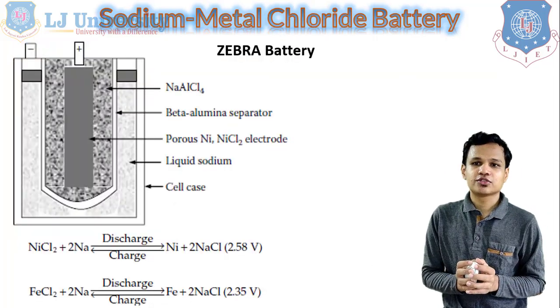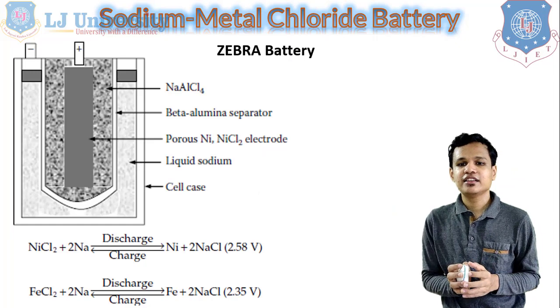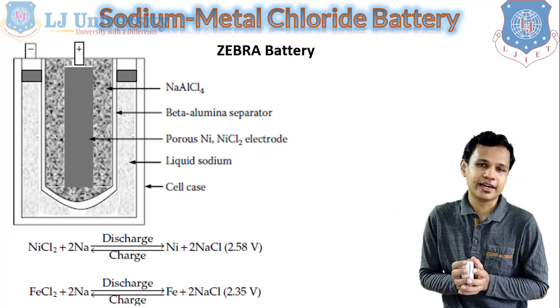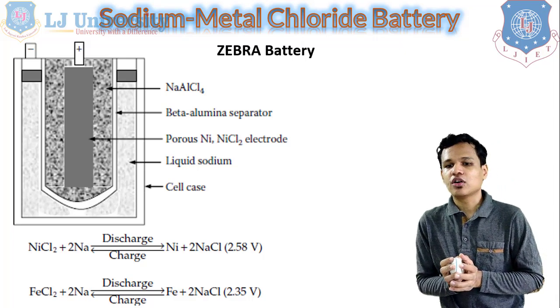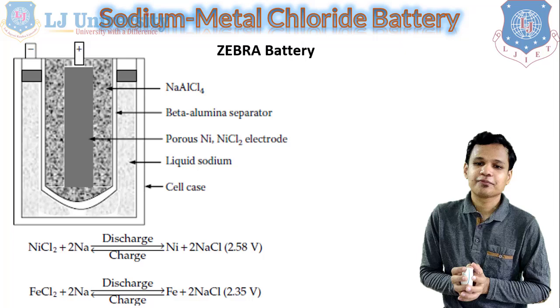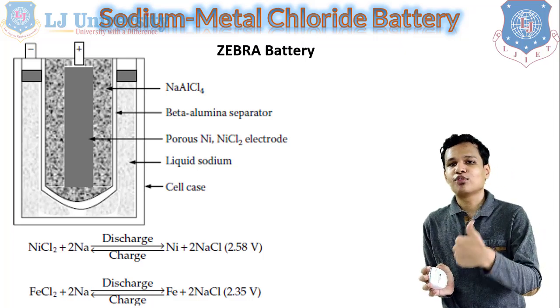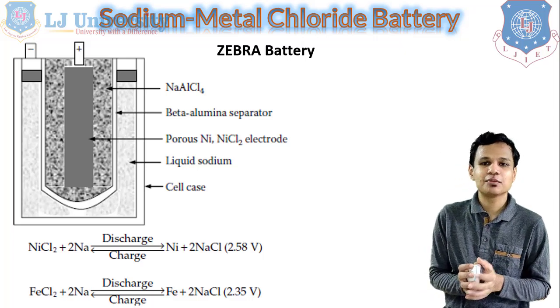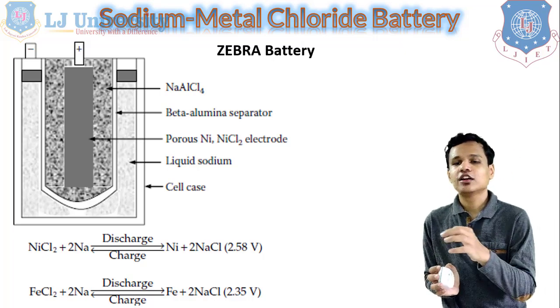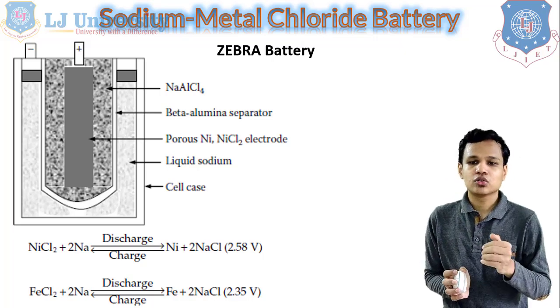The second of the sodium beta batteries is the sodium and metal chloride battery. In the case of the sodium metal chloride battery, you can see that the positive electrode is either porous nickel or nickel chloride, right?